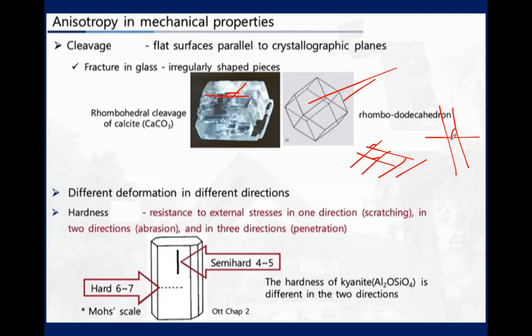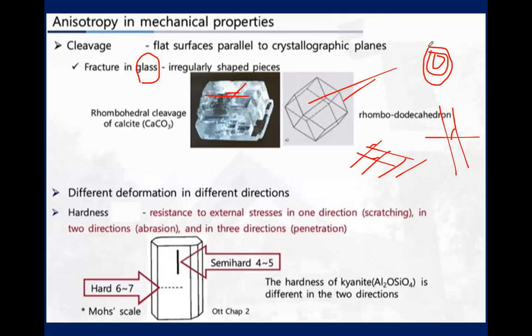So these types of cleavages are available, but for glass or even quartz, because glass is the amorphous form of quartz, both glass and quartz do not have this property. Instead, you see some kind of circular fracture-like thing when you break a quartz crystal or even a glass.